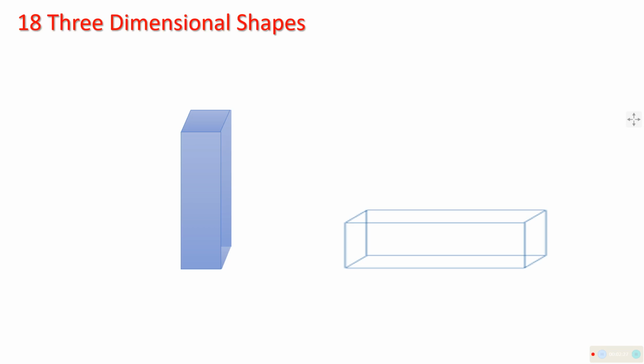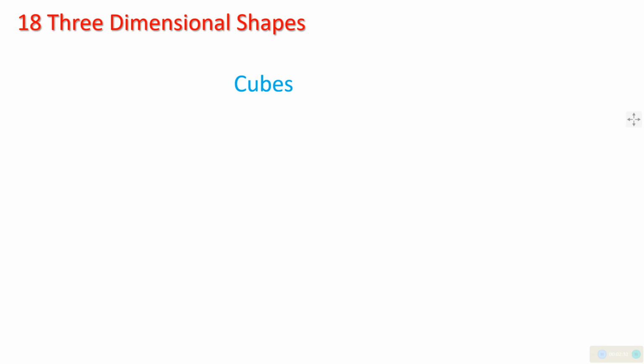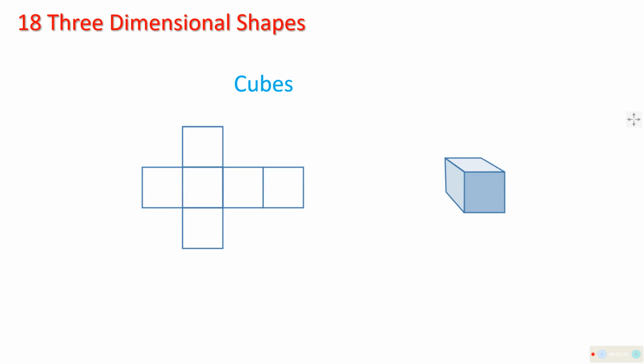I will be making you familiarize with some more three-dimensional shapes. Cubes you have studied last year. Cubes also have their own net formation. If you fold this particular net properly, you can convert that into a cube. The most common cube is our dice which we use for playing.